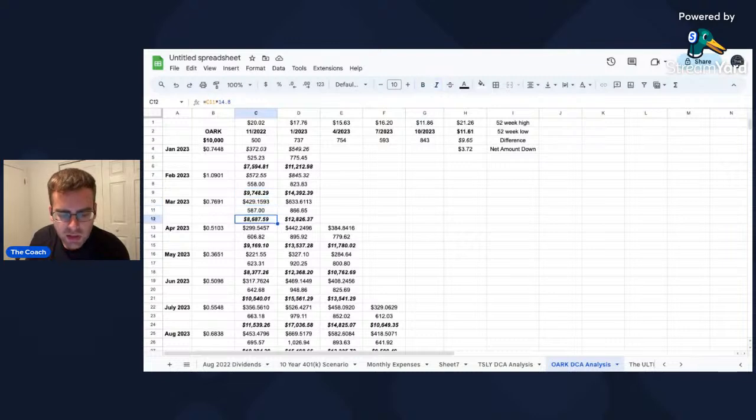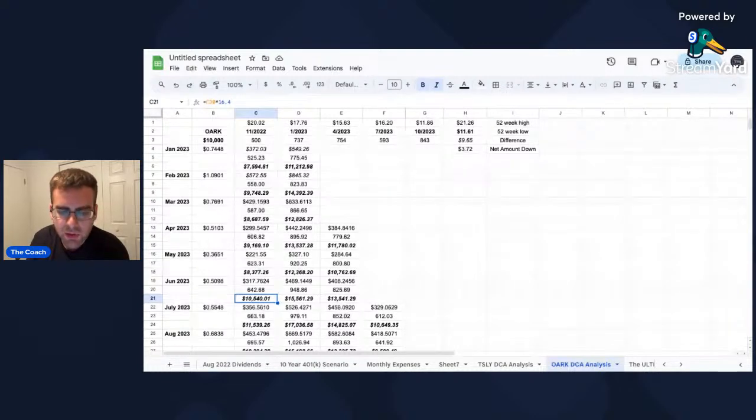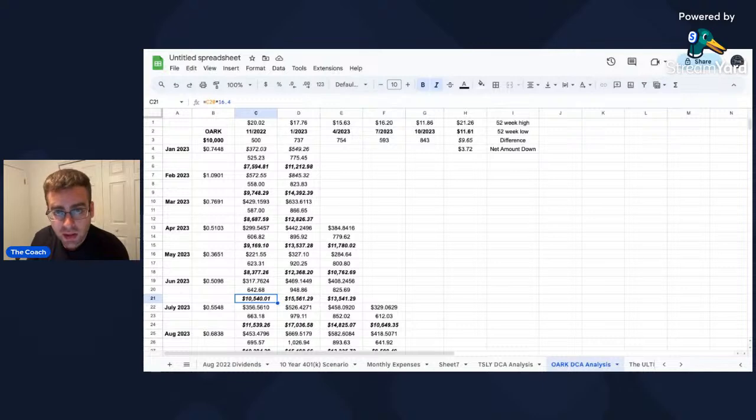So moral of the story, by the end of this example, our total return doesn't actually become positive until June, when we started seeing the fund come back up a little bit. We got hammered, then the fund came back up to like 16.20, then it's dropped back down since. Obviously, it hit a 52-week low.